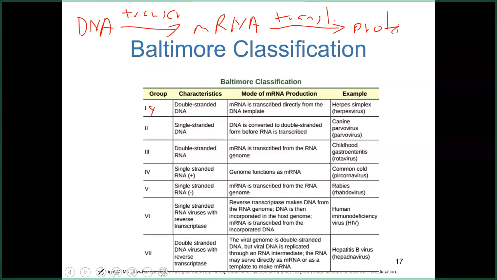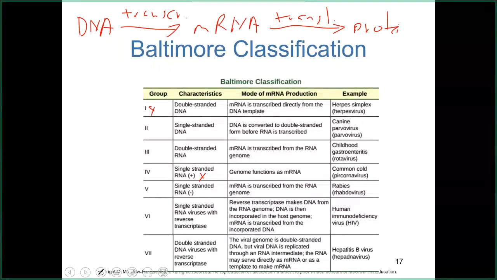But you can see lots of variation in them, like group 3 is double-stranded RNA, which they use to produce a messenger RNA. Just use the RNA as a pattern for making more RNA, and then they can make protein. Pretty straightforward.